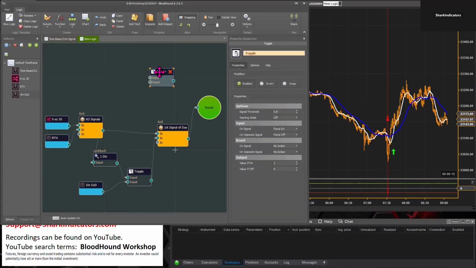All right, let me go over all of these settings here. We have a technical explanation here. So the signal threshold, what is that? We see it's set to 0.8. This goes back to the fuzzy logic mathematics that BloodHound is built on.